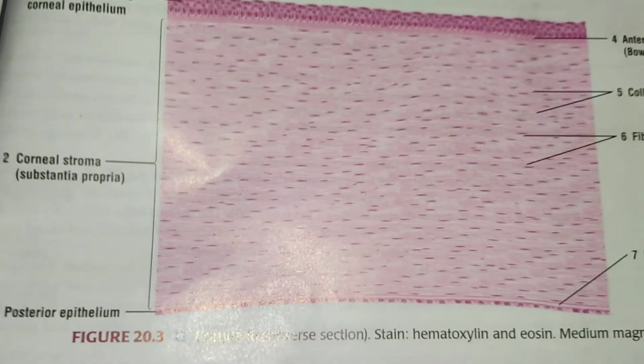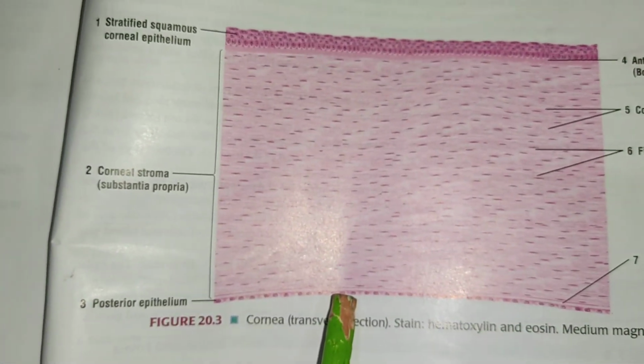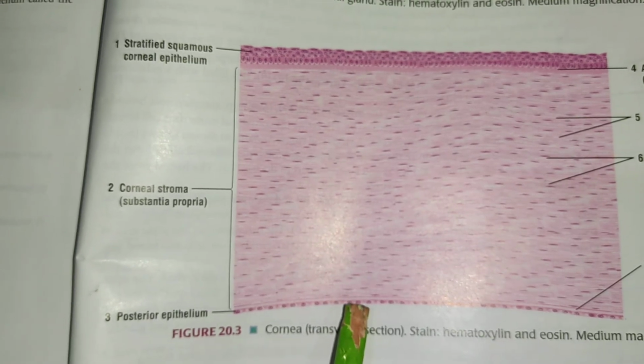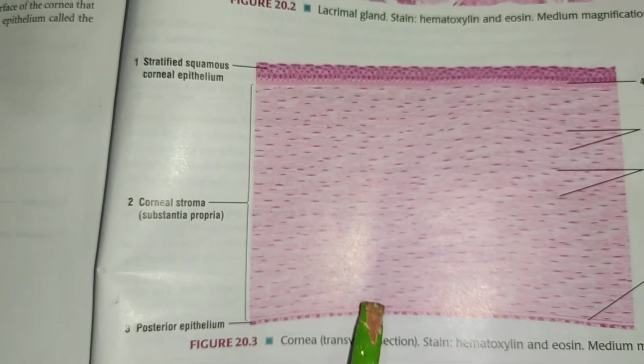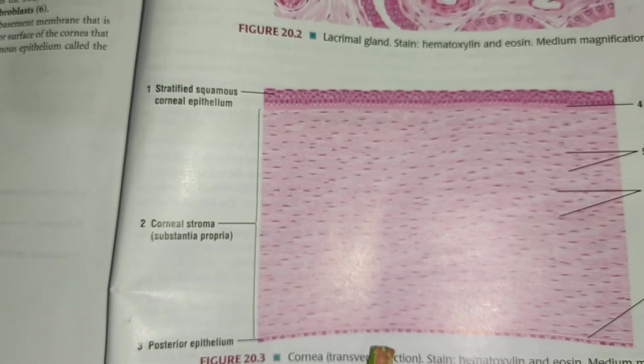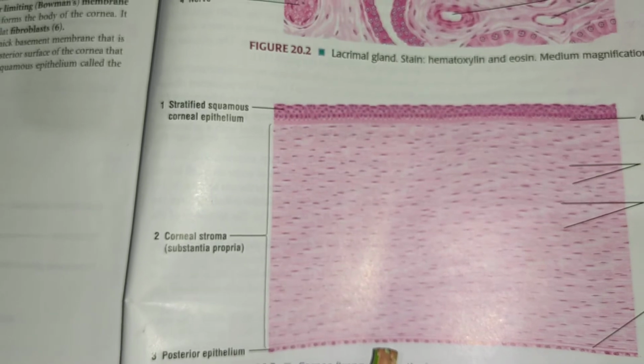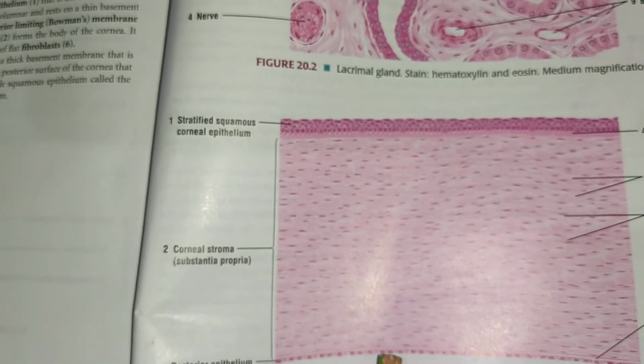Now the endothelium of the cornea is resting on the Descemet's membrane, and the endothelium maintains the Descemet membrane and includes the most metabolically active cells of the cornea. Sodium potassium ATPase pumps are present in the basolateral membranes of these cells.